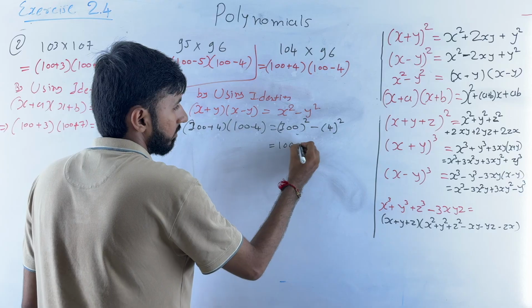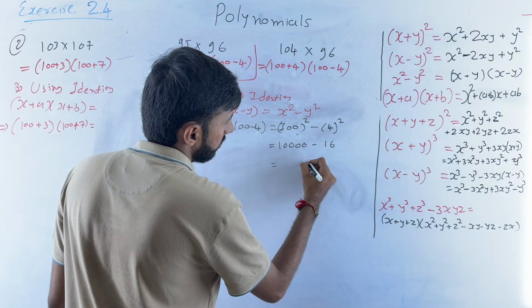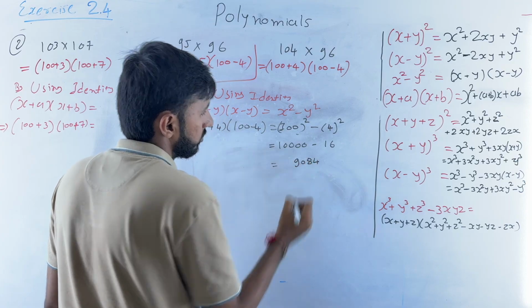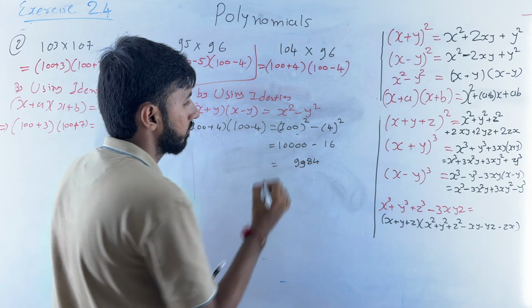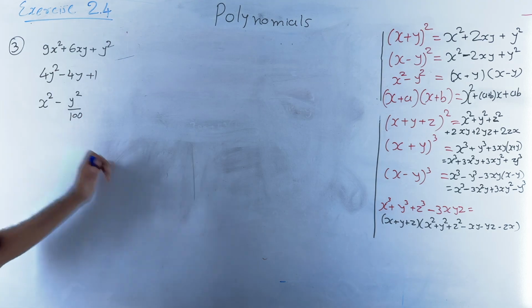So my final answer will be 10,000 minus 16, so it will be 9984, right? This is my answer.